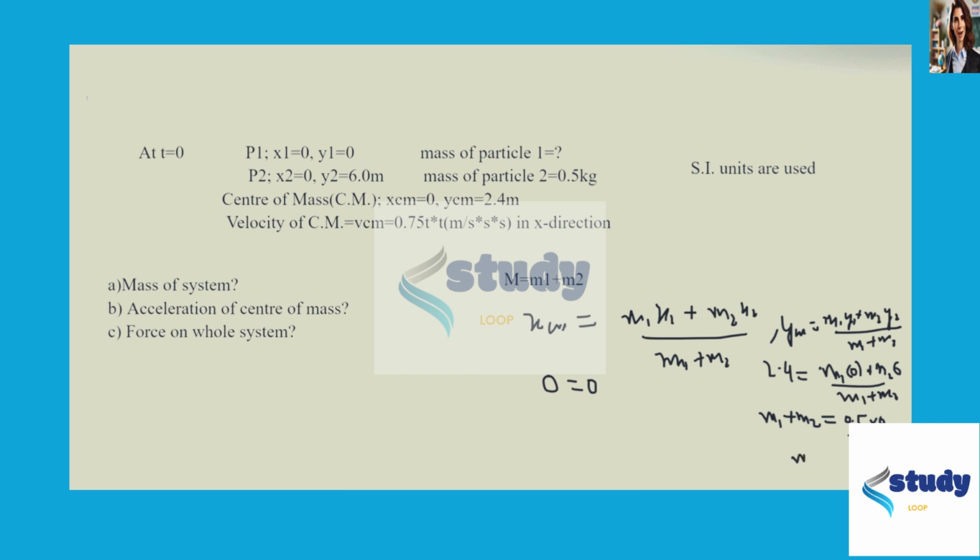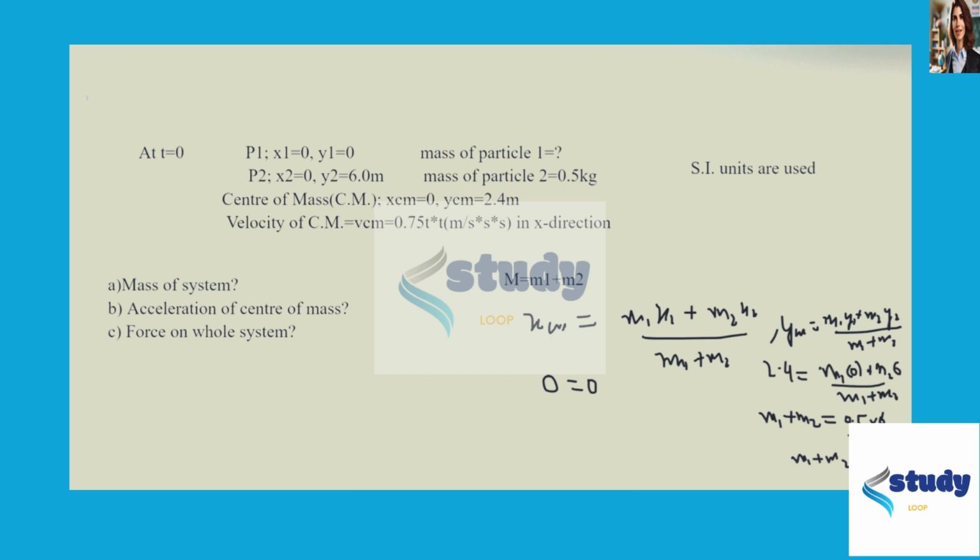So this gives m1 plus m2 equals 1.25 kg. So that's the mass of the whole system, m1 plus m2.